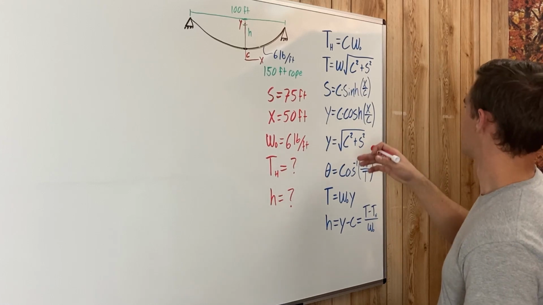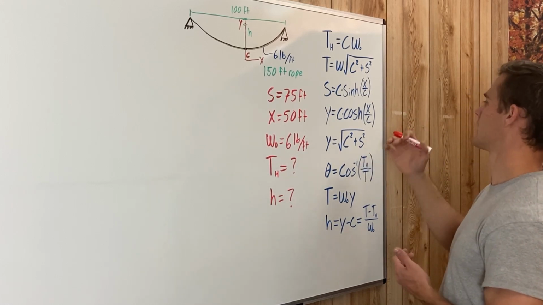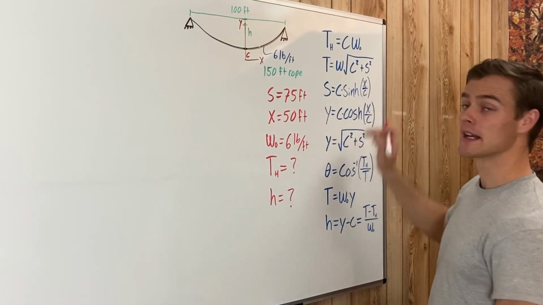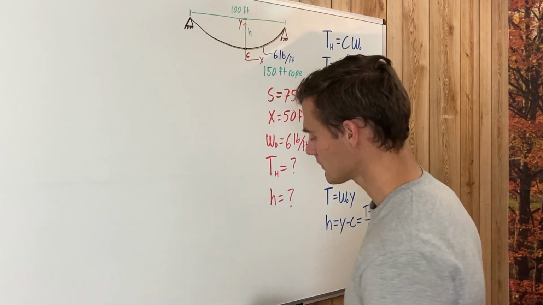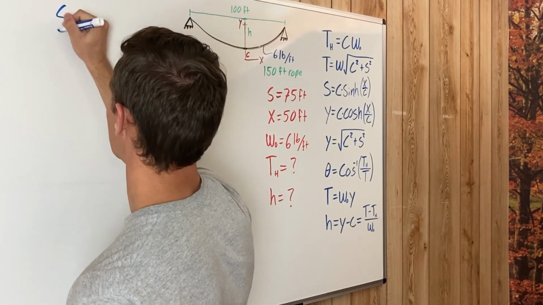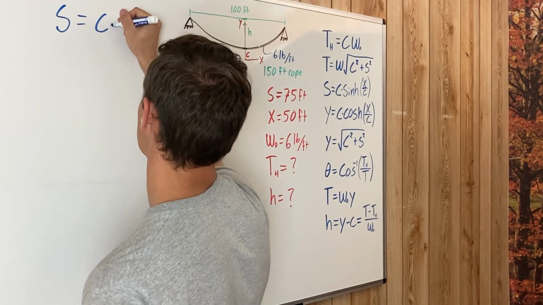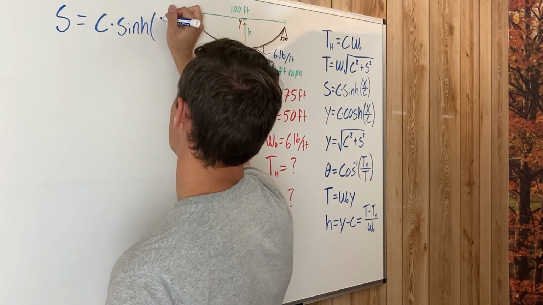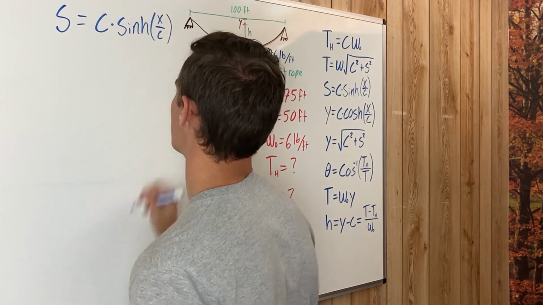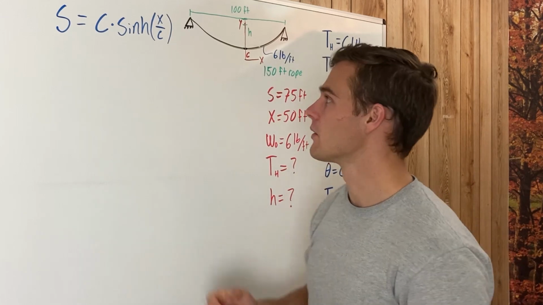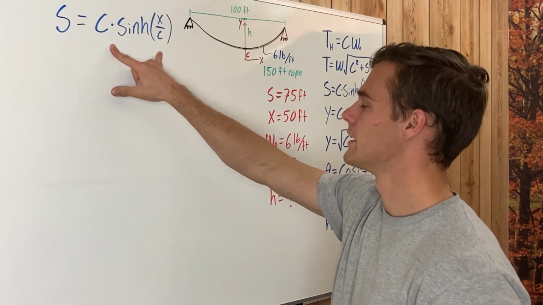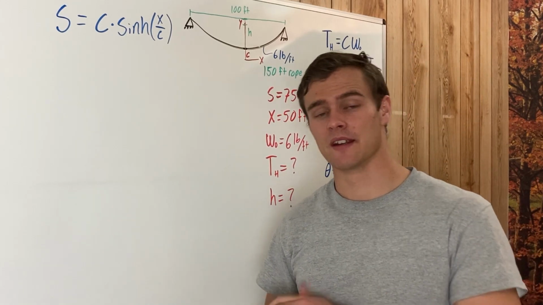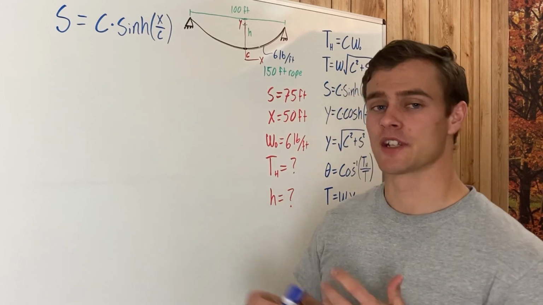And in order to solve for C, given the variables that we know, we'll need to use this equation, which has S and X. So S equals C times the hyperbolic sine of X divided by C. Now this is not an easy equation to solve because we can't just solve it for C. An exact value for C would be an imaginary number, so we have to get an approximation.